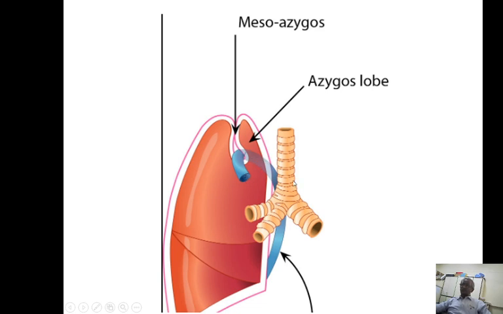Here the azygos vein has a mesoazygos, a fold of pleura, and this divides the apex of the right lung into the azygos lobe medially and the right lung apex laterally. This medial lobe we call the azygos lobe.